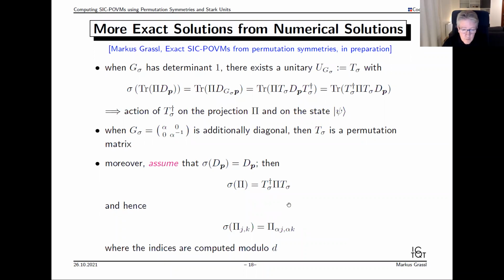So one additional idea is to look at what this matrix is. They were in the first place just 2 by 2 invertible matrices. But if they have determinant 1, then those matrices correspond to unitary operations in the Clifford group. So we have unitary matrices, and just to get rid of one of the indices, I call it T sigma.